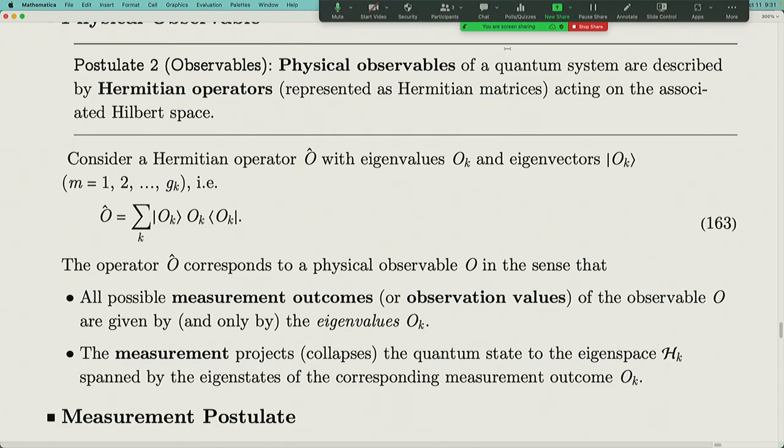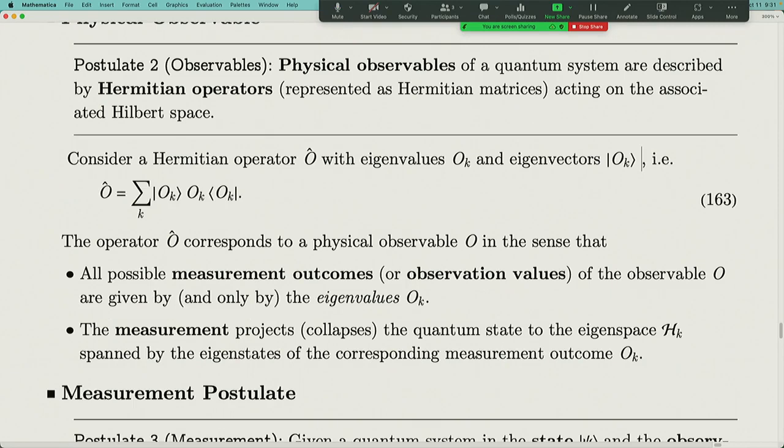So consider a Hermitian operator with eigenvalue a_k and eigenket |a_k>. Forget about this, this is about degeneracy. I'm not talking about that. Sorry for that. And then you can have a spectral decomposition of these operators. Like that, and for any Hermitian operator, you can write it in this form.